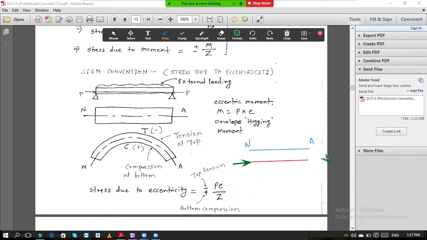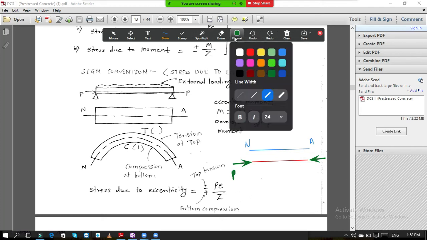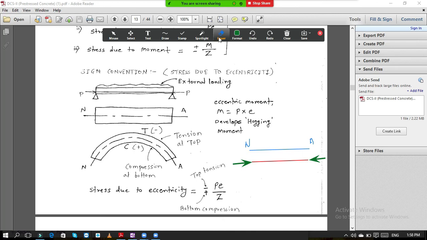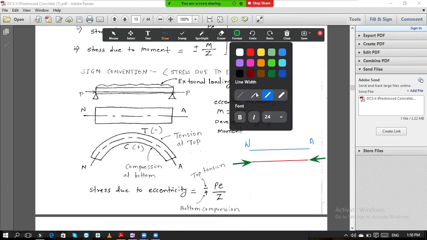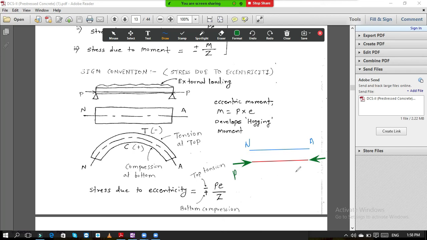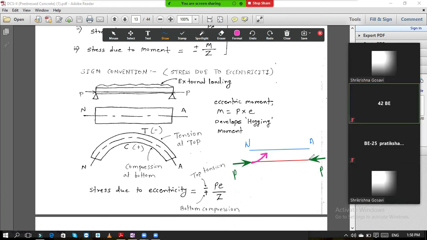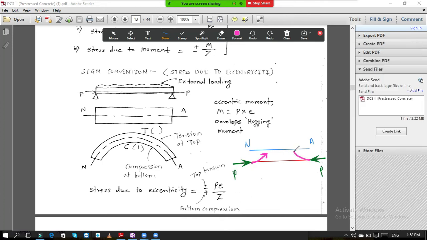This is your force P. Now if you rotate this force about the neutral axis, it will rotate like this. This is the direction. It will move in this way.